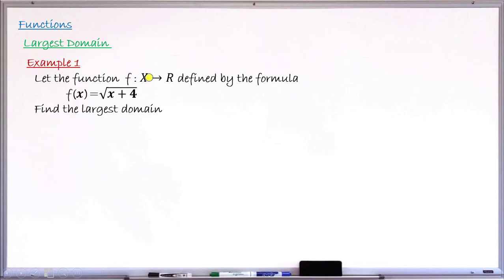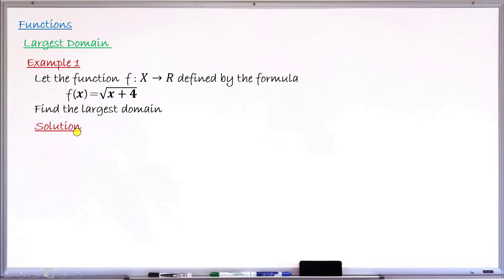So it is those values that we have to eliminate from the set of real numbers, those values that don't give a result as a real number after substituting in this function, because remember our codomain is the set of real numbers. So if I pick all the real numbers and substitute them here, some will not have an image in this codomain. It is those that we have to eliminate from the set of real numbers. What remains will be the largest domain. So let's find out.